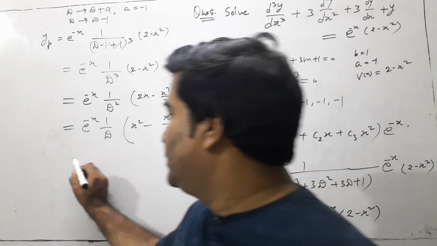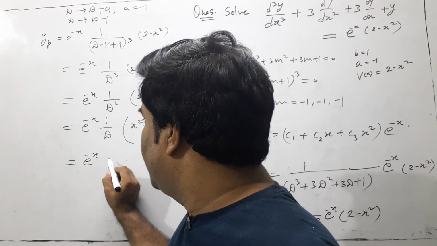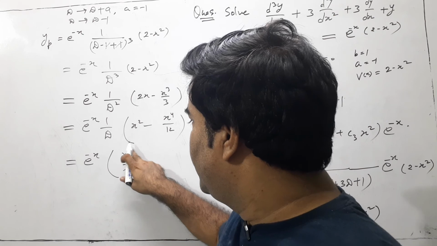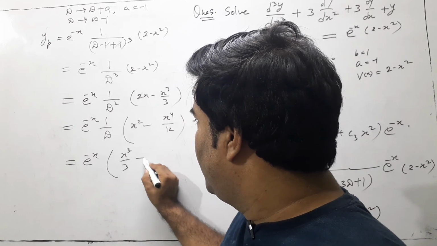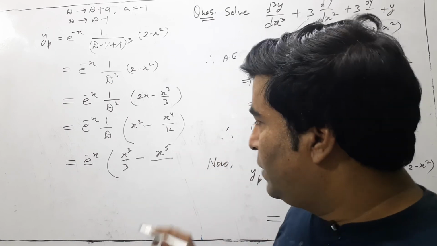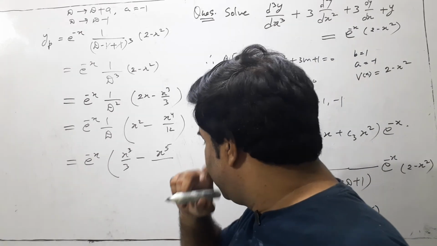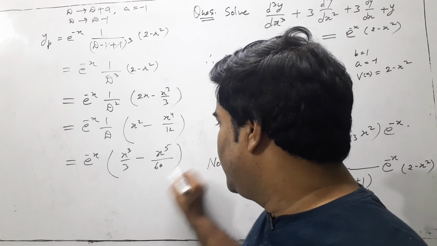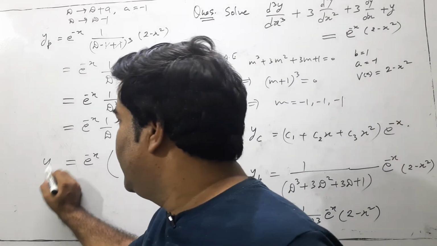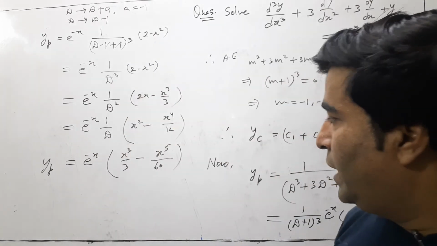Again integrating this factor, we have x cube upon 3 minus x to the power 5 upon 60, since 5 times 12 is 60. So this is the particular integral.